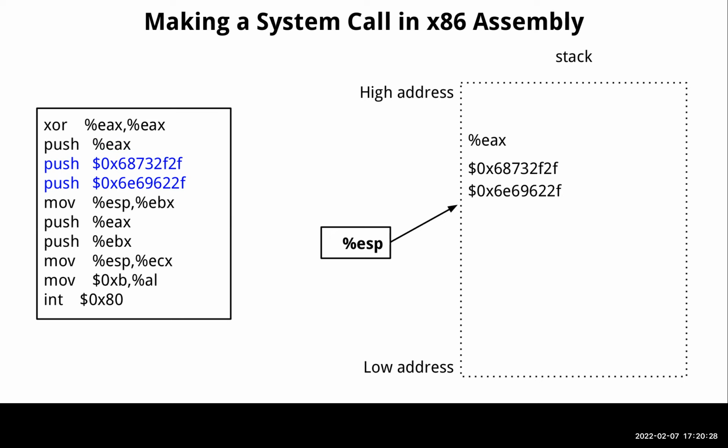We will get there later. After that, we will move ESP to EBX, then do another 2 pushes, move ESP to this, then move, this one is important, move B to AL. Then what is B? A is 10, B is 11, right? B in hex is 11 in decimal.